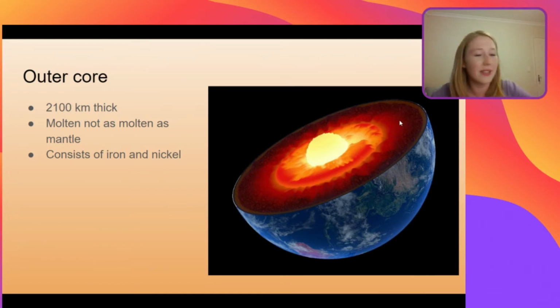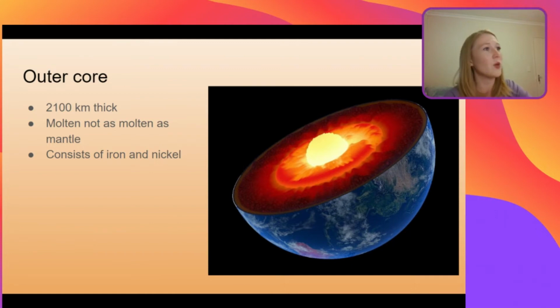It's radiating to the mantle. I probably shouldn't have said radiating. That's not the correct form of heat. We'll worry about types of heat later. Okay, it consists of mostly iron and nickel. So when we looked at the mantle, that was molten rock, and this is metal.